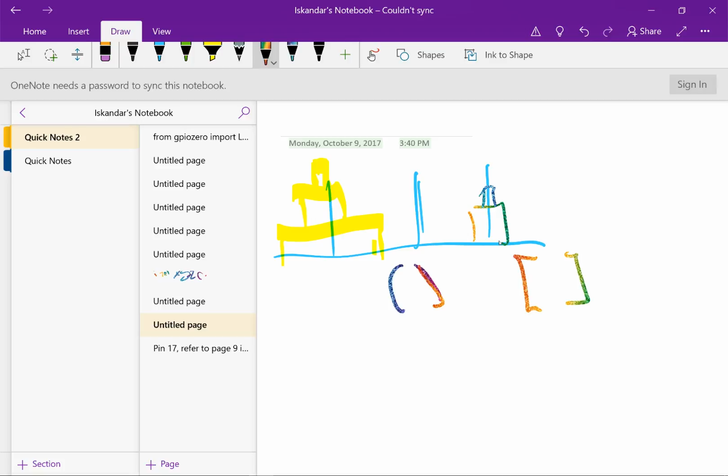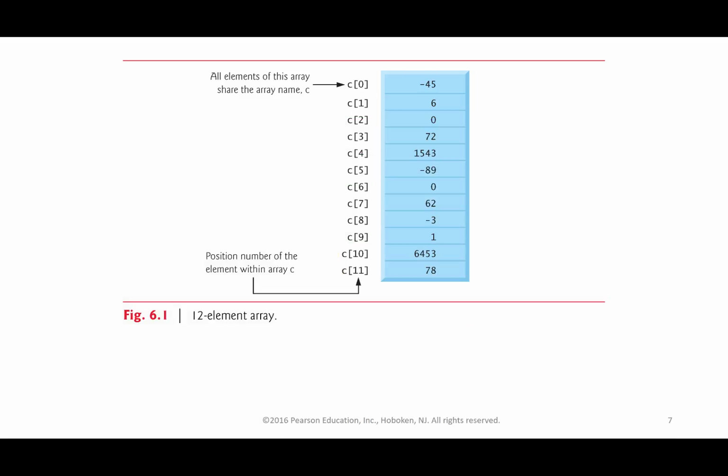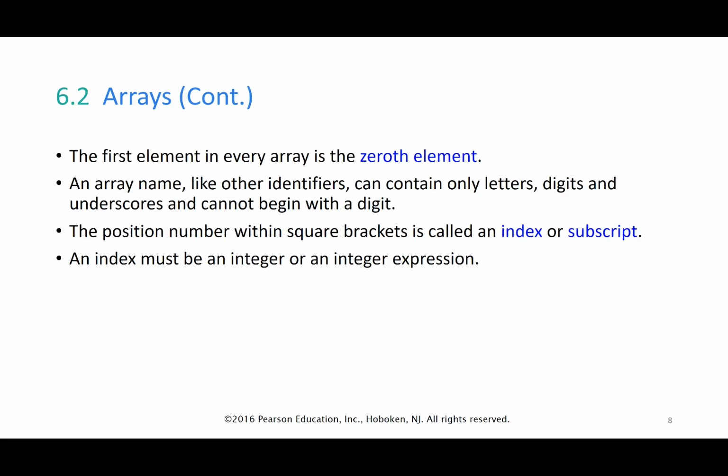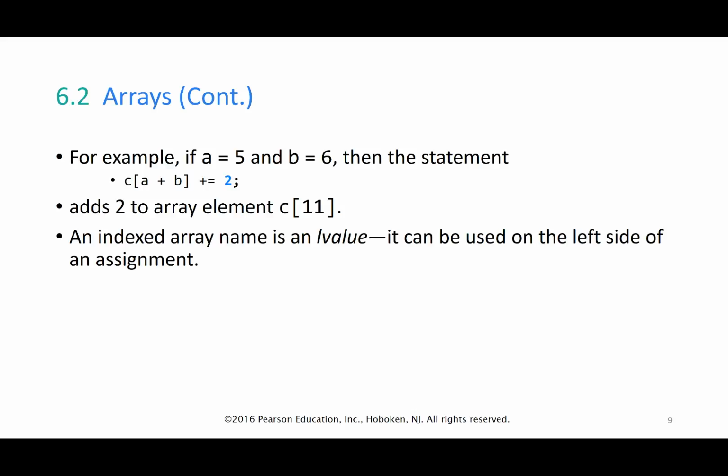Other languages just use, if something's declared as a subroutine or a function, and it sees this, it treats it as a subroutine. If it's declared as an array, and it sees this, it treats it as an array. So we can have variable names within our brackets.